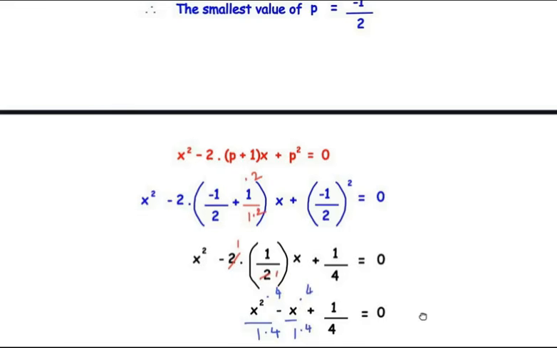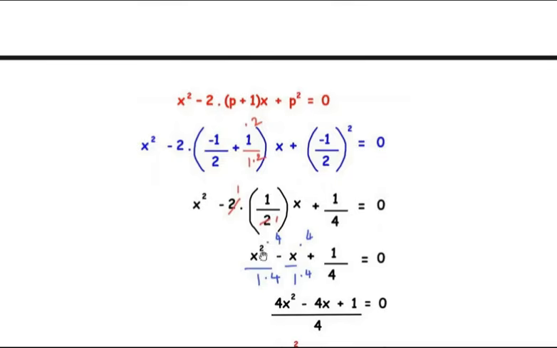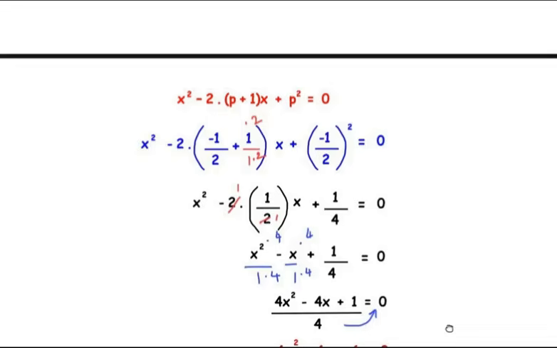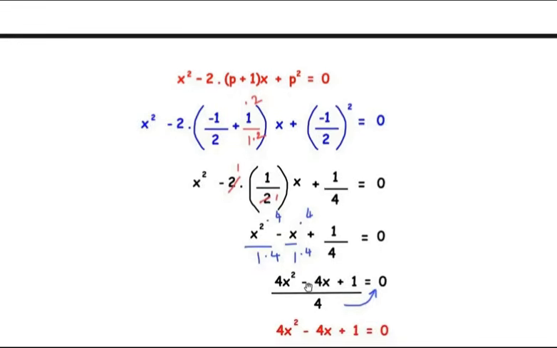So here our equation becomes 4 times x square gives us 4x square minus 4 times x gives us 4x plus 1 over a common denominator which is 4 equal to 0. Now here 4 goes on the other side of the equal to sign and multiplies with 0, simplifying this equation as 4x square minus 4x plus 1 equal to 0.